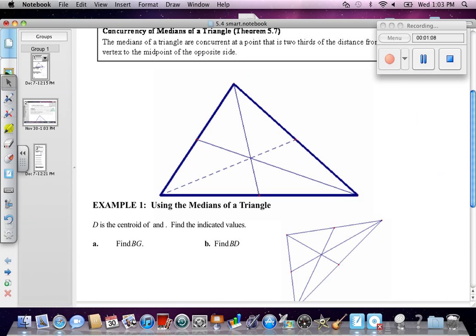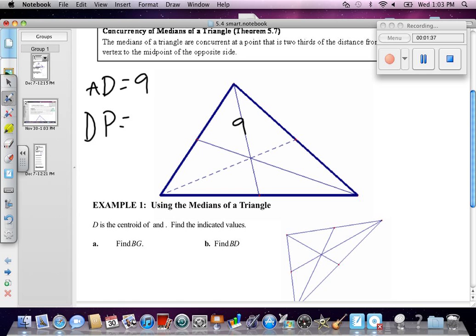So, if we've got this triangle, let's say A to D is 9. I'm just making this up. Let's see if we can figure out the other things. We know that medians go through a vertex of the triangle and the midpoint of the opposite side.